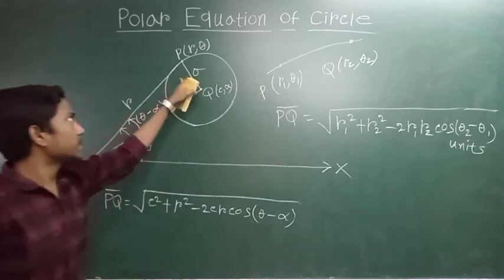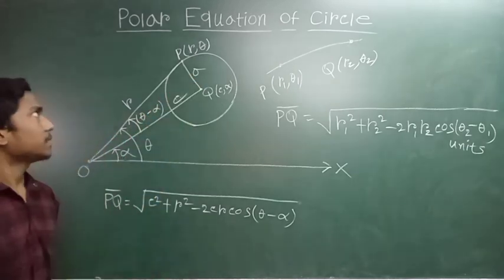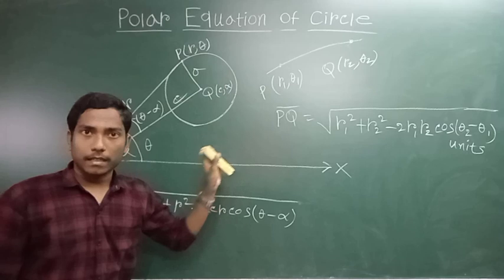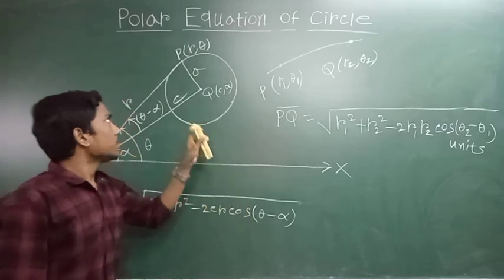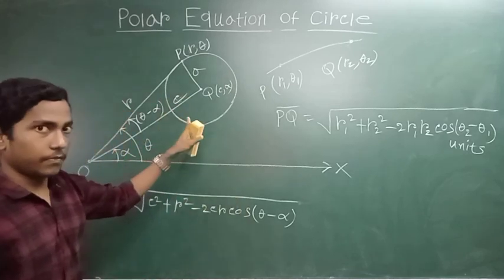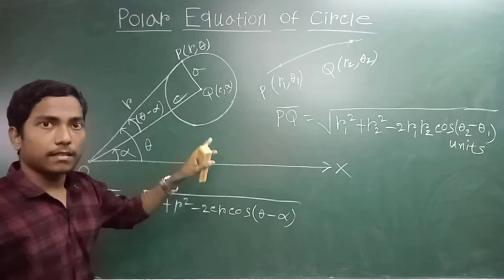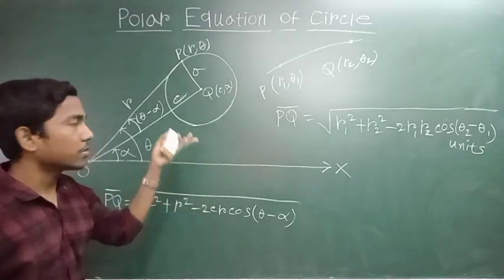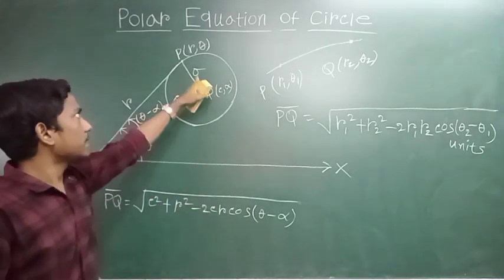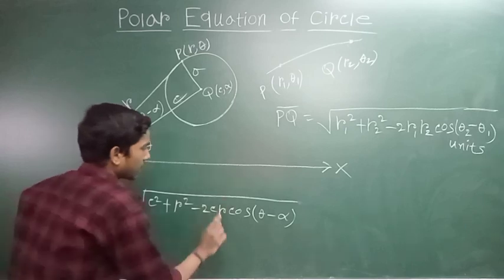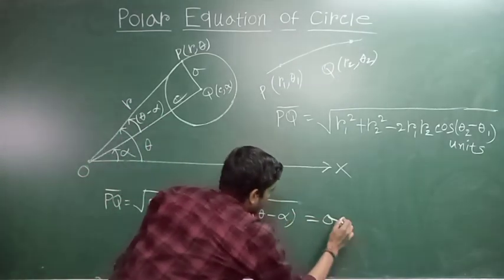And we know that this distance is nothing but the radius of the circle. Since P is a point on the circumference of the circle, if we connect any point on the circumference to the center, this distance is actually the radius of the circle, and this is given as a units. So this is equal to a.